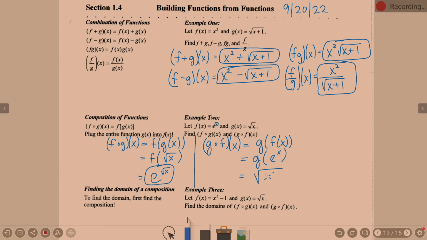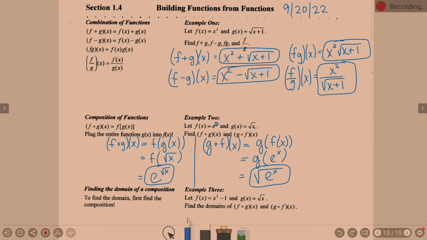I'm not going to put that in x, though. What am I going to replace x with? It's going to be e to the x there. So square root of e to the x. And realize we definitely got two different answers there, didn't we? Yes. So there is a difference between whether you do f of g of x or g of f of x. There is definitely a difference.